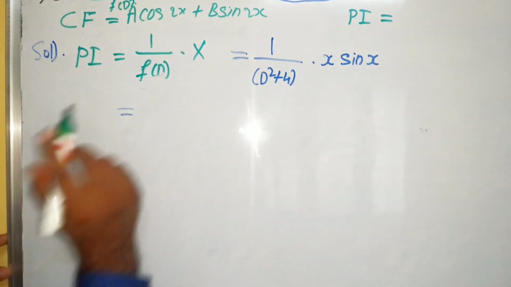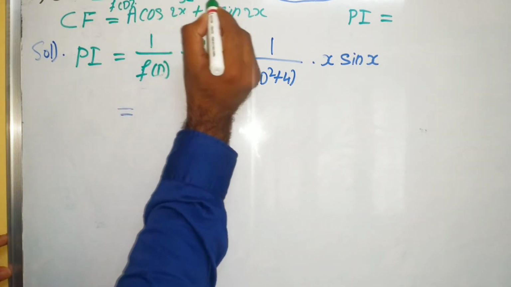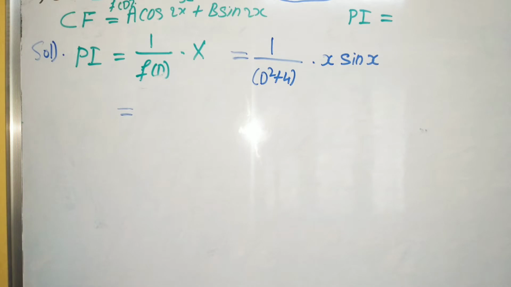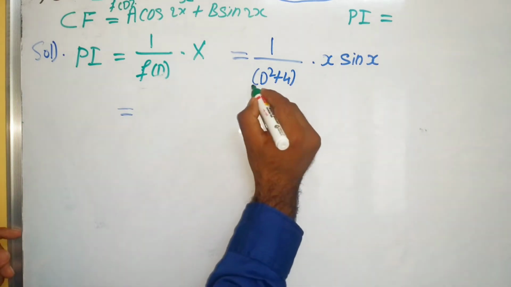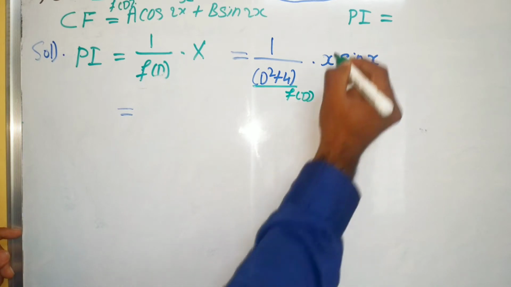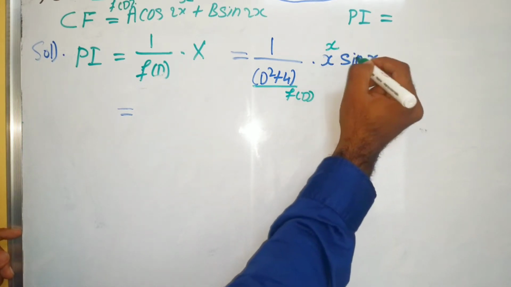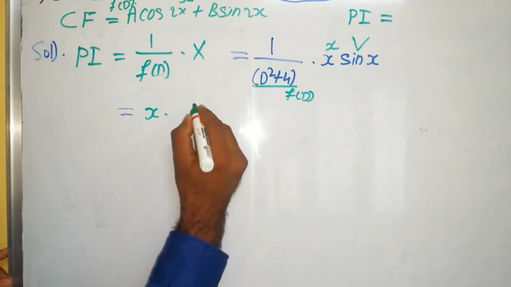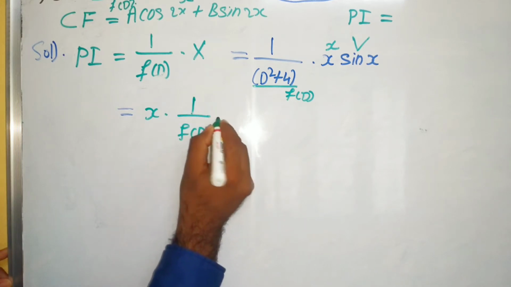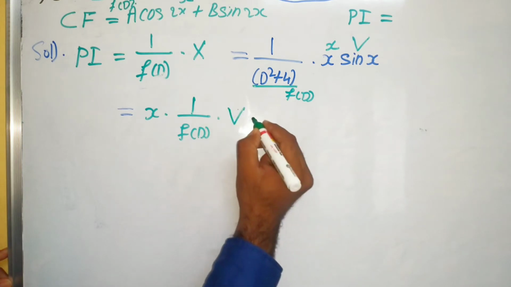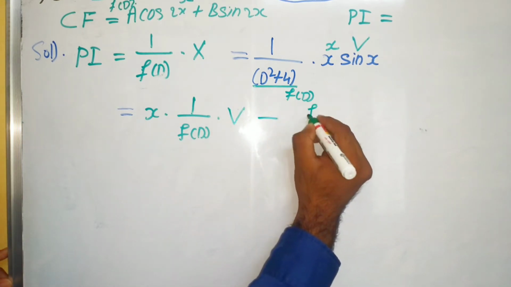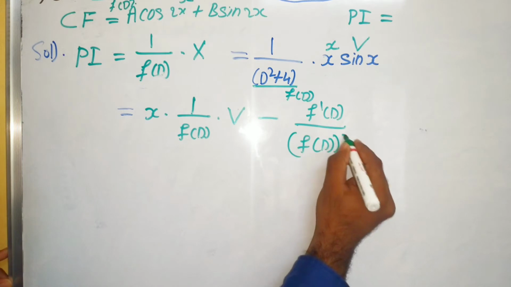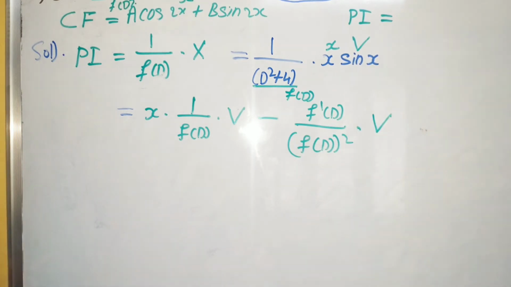I am taking the first term as x itself, and taking the second term sin x as capital V. Now I am writing the formula, that is x into 1 by f of d into capital V minus f dash d by f of d whole square into capital V. So this is the formula.